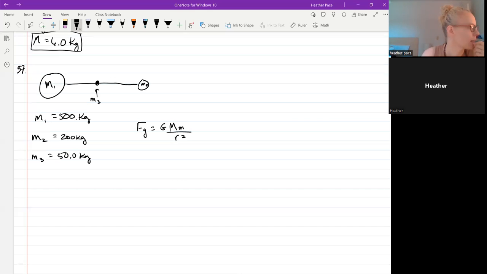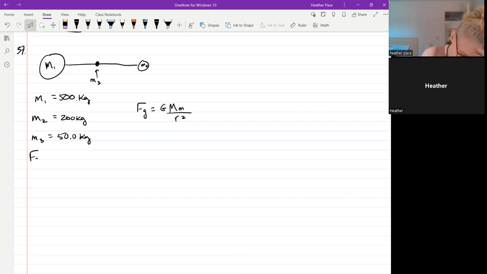All right, so let's start with the big one. We're going to assume that that's going to be the larger force that's felt here. So we're going to do Fg equals G, which is a gravitational constant, which is 6.674 times 10 to the negative 11 meters cubed per kilogram second squared.